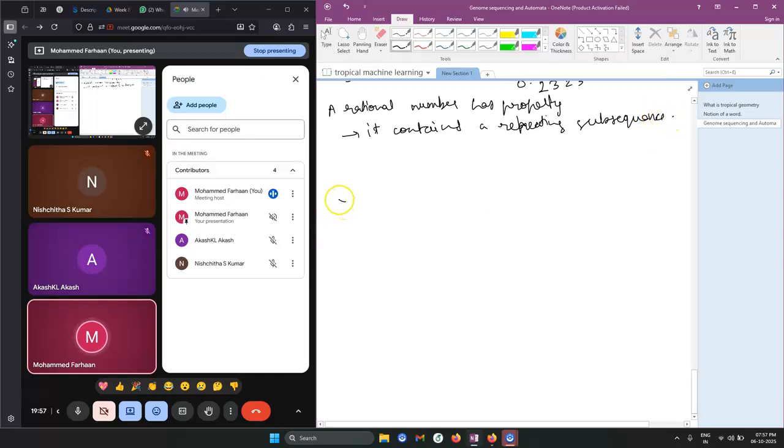So if you take numbers like root 2, pi, e, cube root of 3, any irrational number you can come up with, they do not have repeating subsequences.